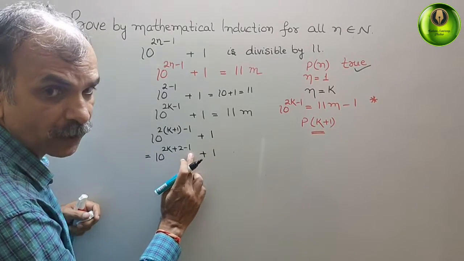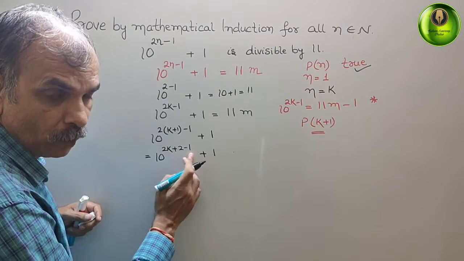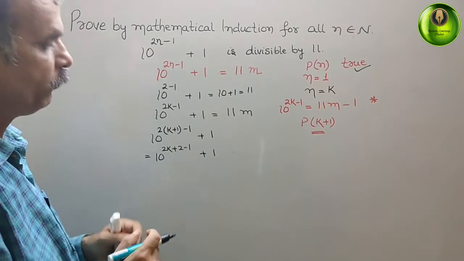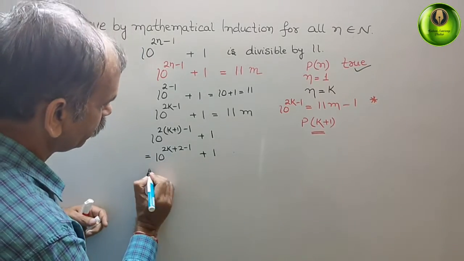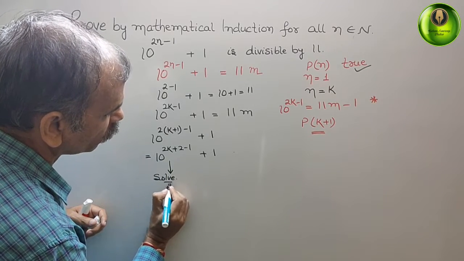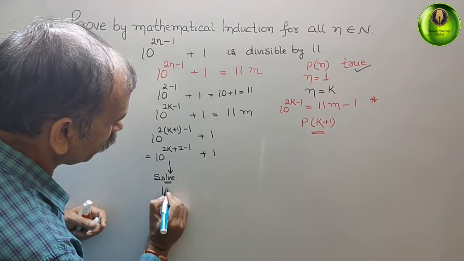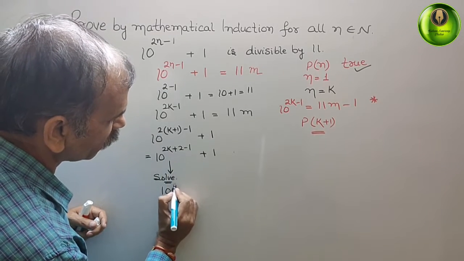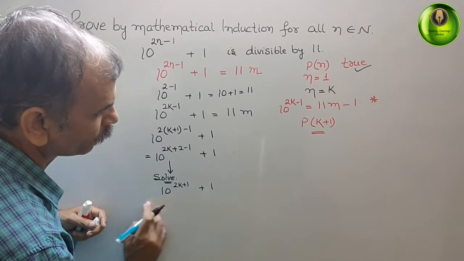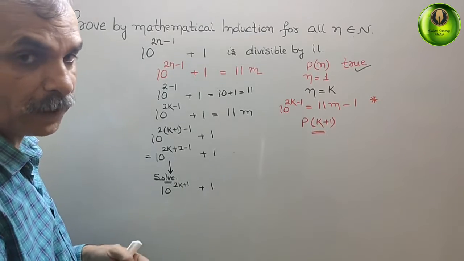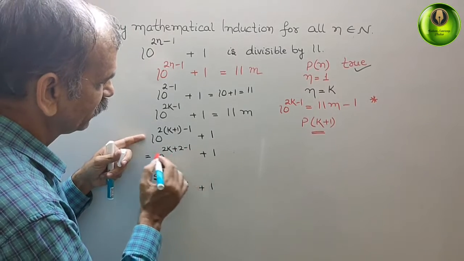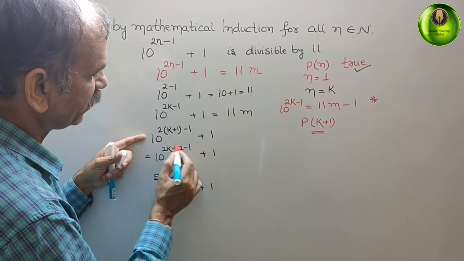If you solve this, you will get 10 to the power of 2k plus 1, plus 1.